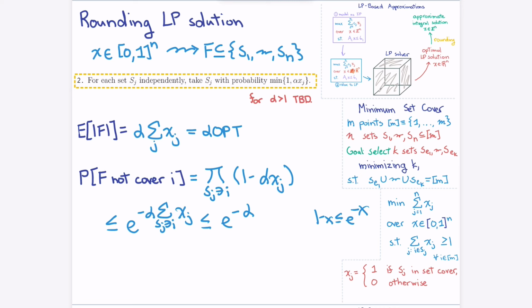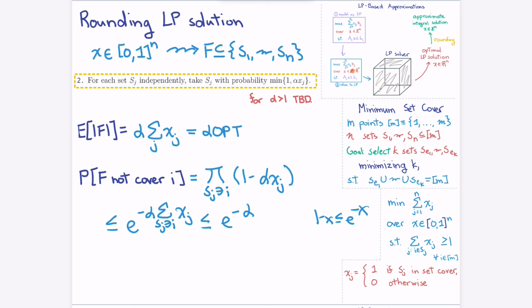Okay, so this is great, right? If you pay a factor of 10 in the cost, your odds of failing to satisfy a point go down at a rate of e to the negative 10. So you're actually getting an exponential rate in terms of covering everything, relative to what you're paying in the objective.